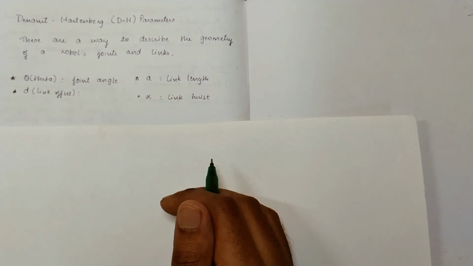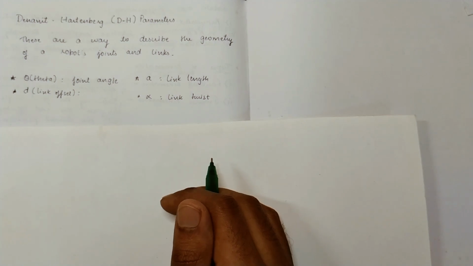So there are 4 different parameters if we consider between two links, namely theta, A, D and alpha, and these 4 parameters have their own different meaning.